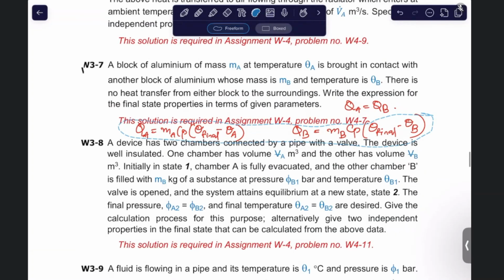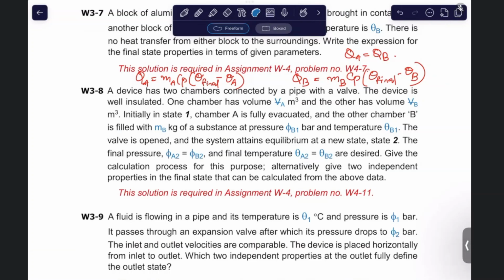A device has two chambers connected by a pipe with a valve. The device is well insulated. One chamber has volume VA meter cube and the other has volume VB meter cube. Initially in state 1, chamber A is fully evacuated and the other chamber B is filled with MB kilogram of a substance at pressure pB1 bar and temperature theta B1.